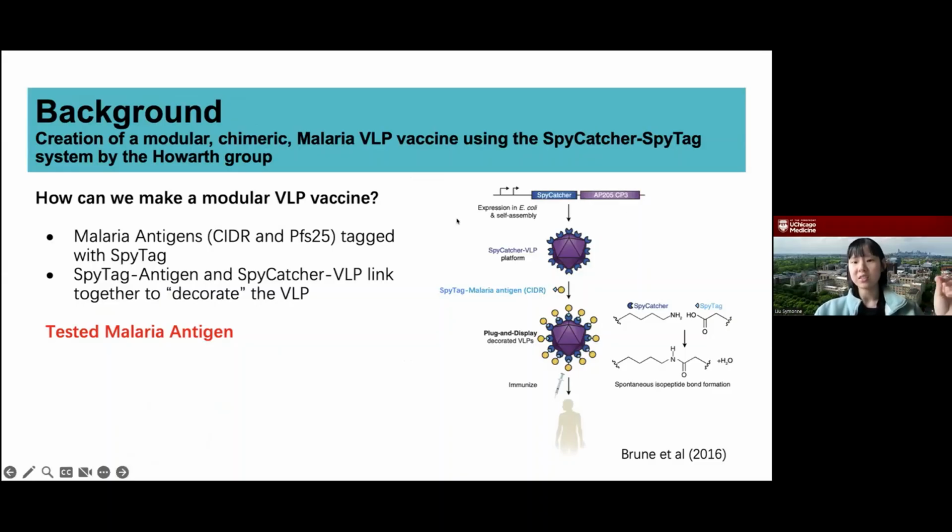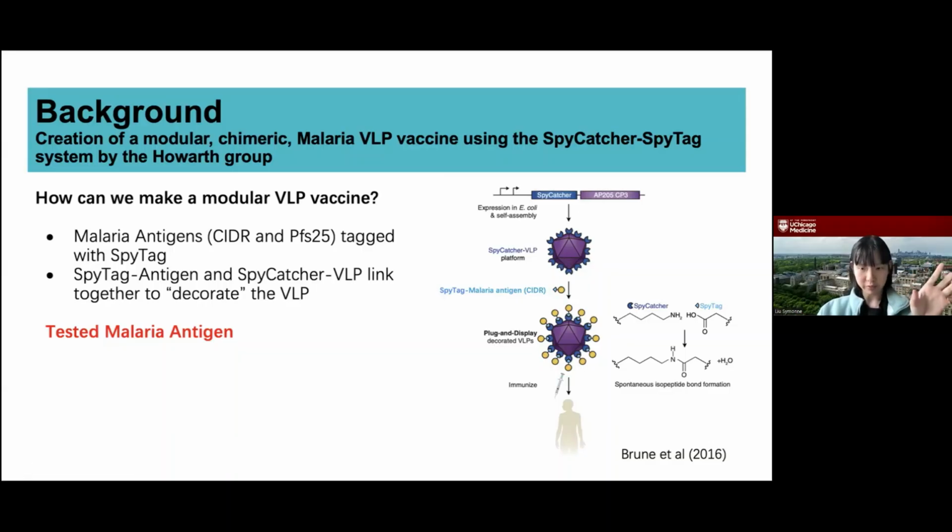So what they did here is that they have the SpyCatcher, which is the protein subunit that is able to bind to SpyTag, fused with this AP205 construct. This construct is just the basic particle scaffold. So this creates a scaffold shape that they use as a presentation platform.